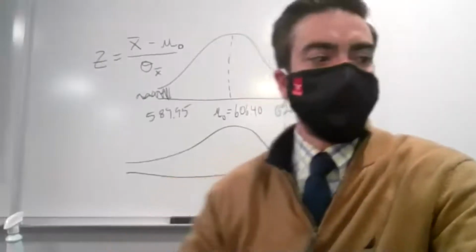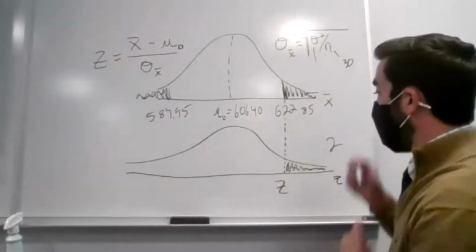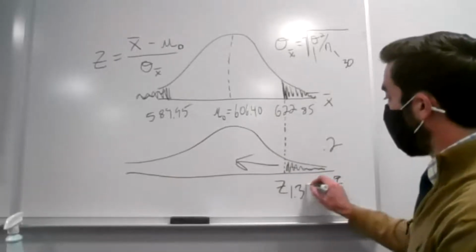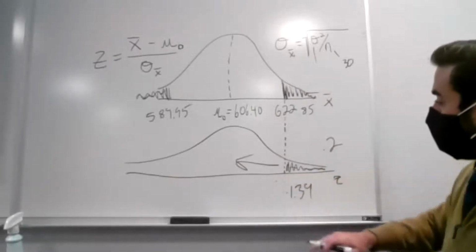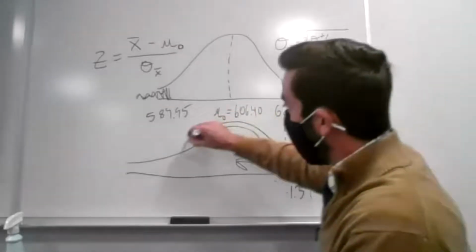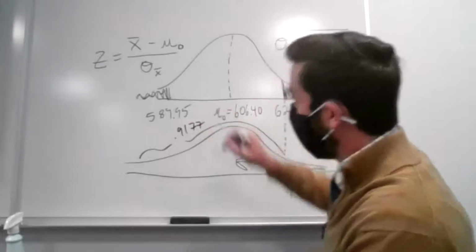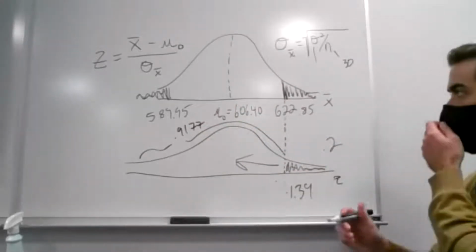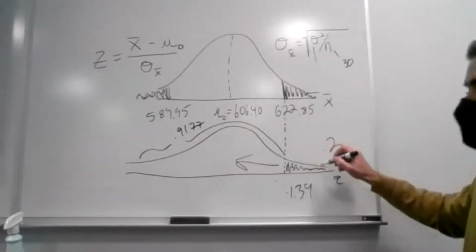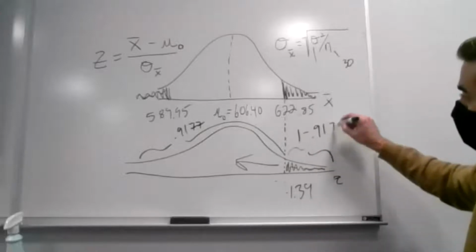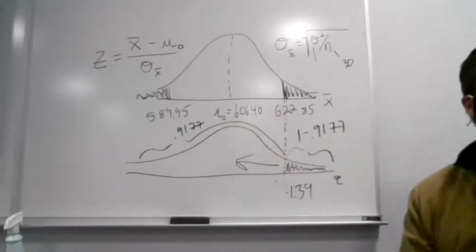But remember, the table always tells me the area to the left, right? So this z value is 1.39. The area to the left of that was 0.9177. I wanted the area to the right, so I'll simply subtract that 0.9177 from 1.